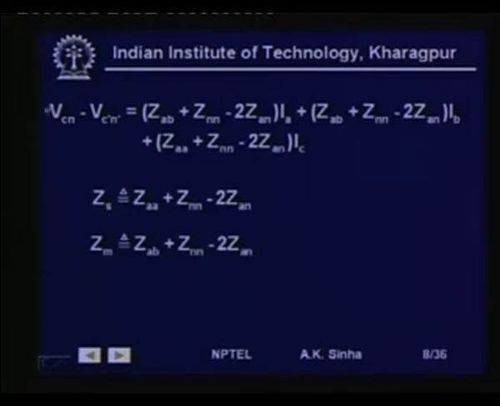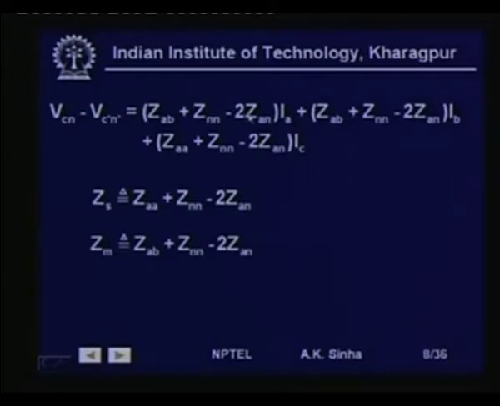And for phase C, we have VCN minus VC dash N dash is equal to ZAB plus ZNN minus twice ZAN into IA, plus ZAB plus ZNN minus twice ZAN into IB, plus ZAA plus ZNN minus twice ZAN into IC. So, this is what we get for all the 3 phases. Now, we see here that the terms ZAB plus ZNN minus twice ZAN are coming for the currents in the other phases.